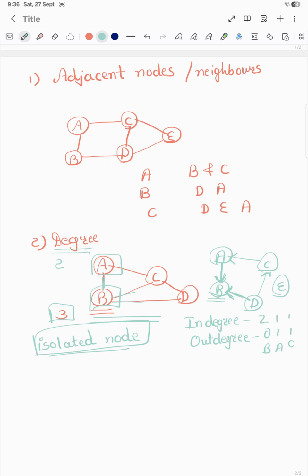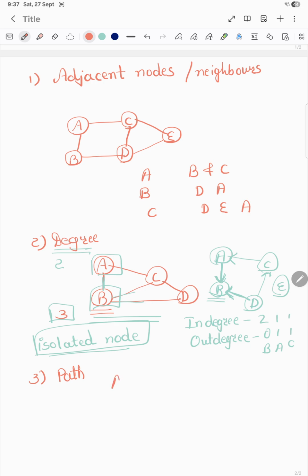Then next is path. Now what is a path? A path is written as the length from one node to another node, and it is defined as an entire sequence. Let me show you.